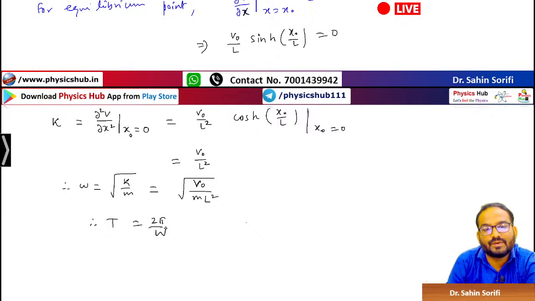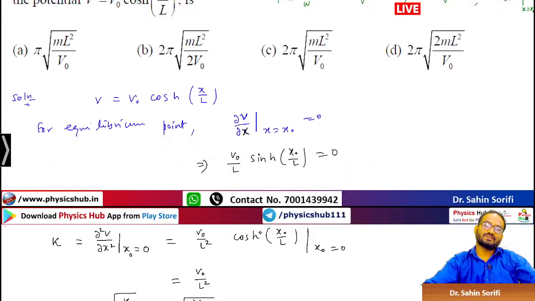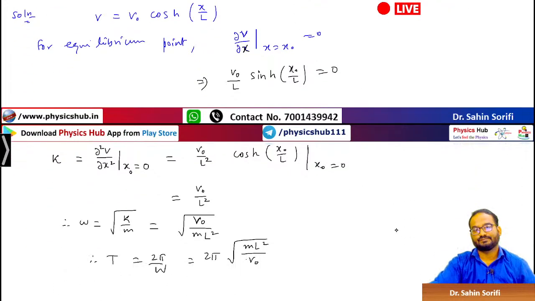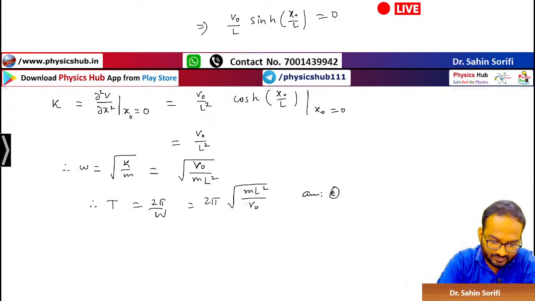Okay, let's keep it like this. T is 2 pi by omega, which is 2 pi root over m L square by V naught. Which option is it matching with? C. Is it done, guys? Tell me quickly.